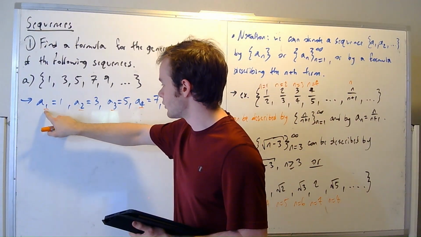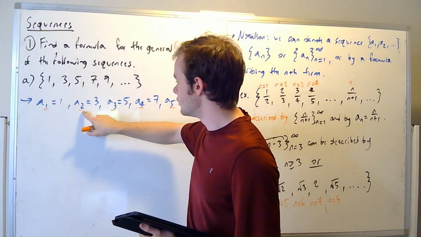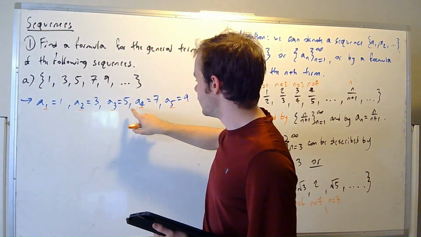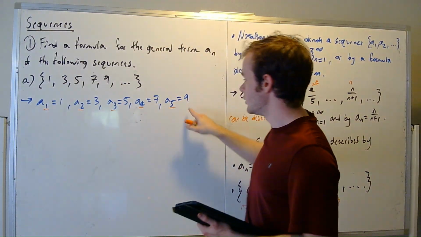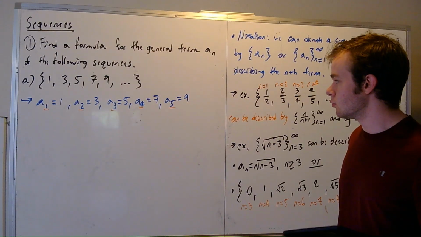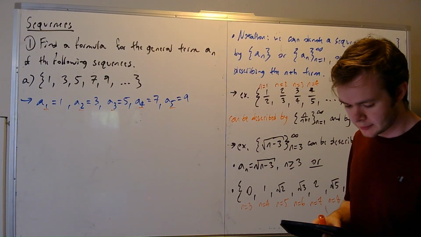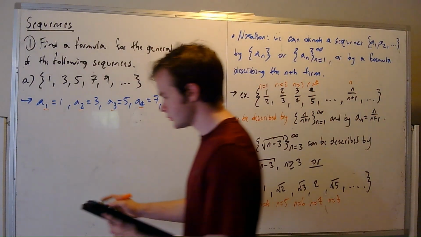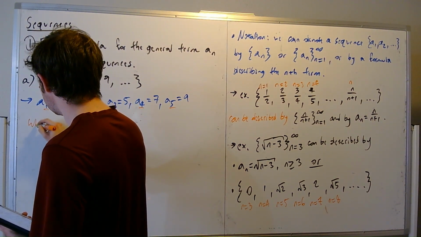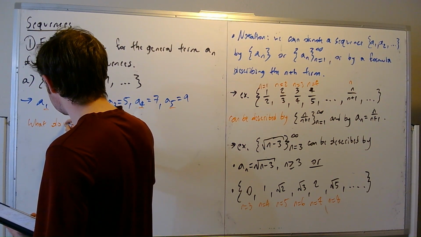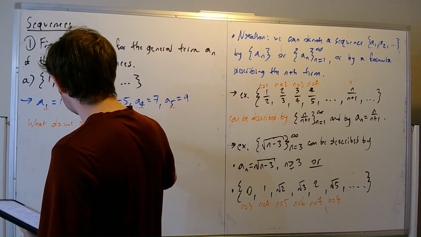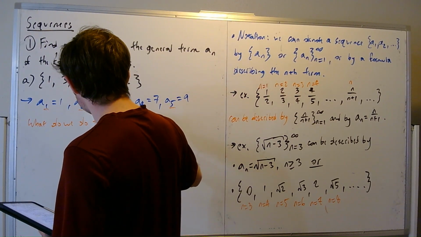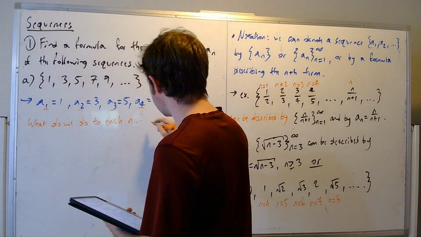So you have to look at how you get from 1 to 1, 2 to 3, 3 to 5, 4 to 7, and 5 to 9. We've got to look at what our formula should actually be. So the question here: what do we do to each subscript, which is n, to get the corresponding term?